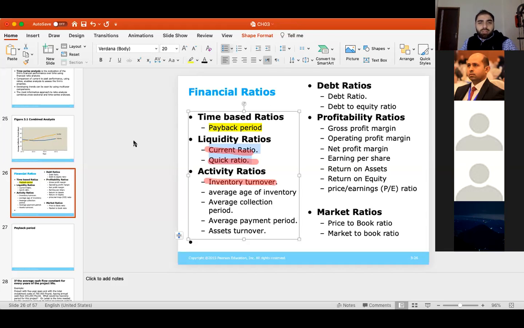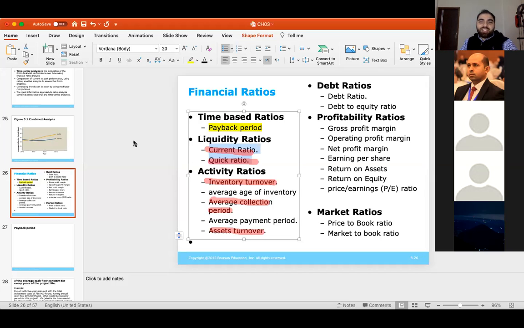For small projects, I would prefer to calculate the average collection period as well. Assets turnover.